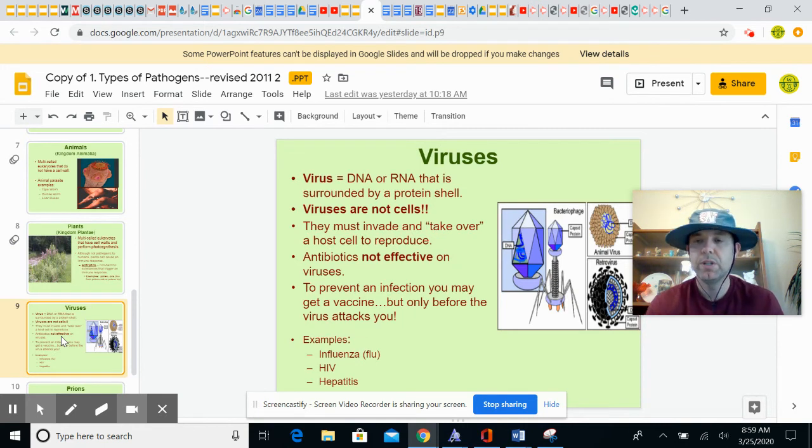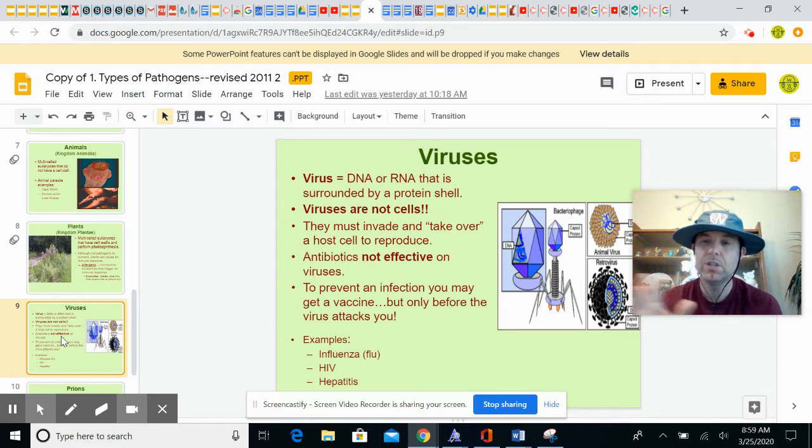And viruses. We're going to spend a lot of time talking about different viruses like the flu. But understand a virus is not considered living because it cannot reproduce on its own. It needs to invade your cells in order to reproduce. And what it tends to be is just DNA, and it has these protein markers on it.